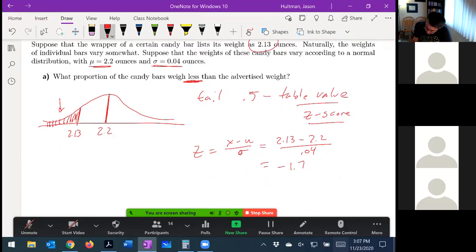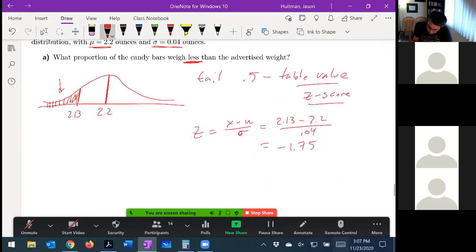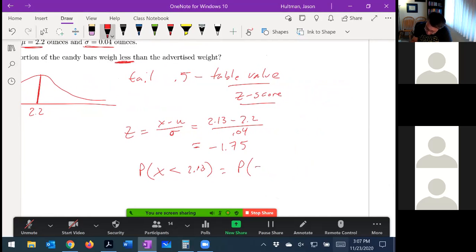So I want to know, what's the area, the probability, the proportion, that it weighs less than 2.13. So x is less than 2.13 is the same as the proportion that z is less than negative 1.75. And that's going to be equal to 0.5 minus the table value for 1.75.